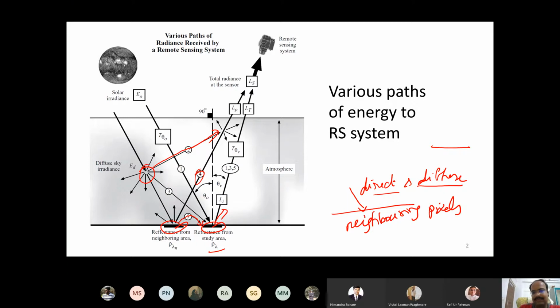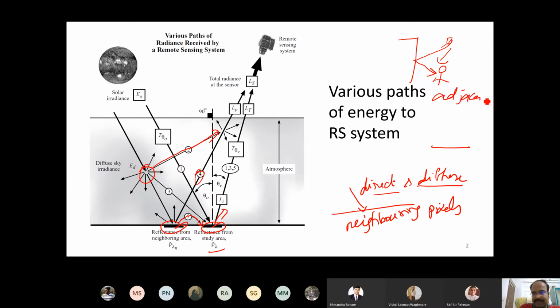One good example I told you in the last classes: if you are standing near a building, and the sun is shining, you will receive sunlight, and also whatever light is reflected from the building will fall on you. Especially if the building is covered with glass, you will receive a lot of radiation just from the building reflection itself. So this thing we call the adjacency effect.